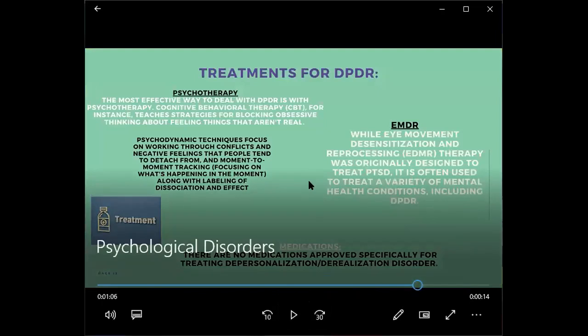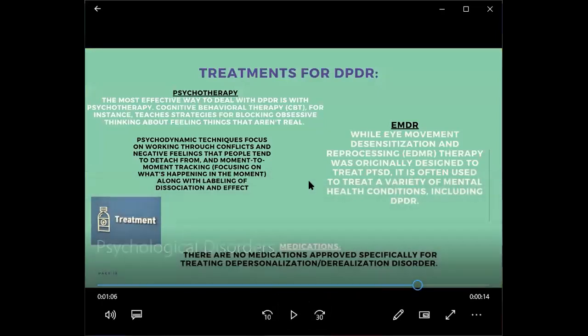For DPDR, psychotherapy is the most effective therapy. It's going to teach you strategies for blocking these obsessive thoughts about feeling things that aren't real. It's going to make sure you're more in the moment, and it's going to teach you how to have better coping mechanisms.